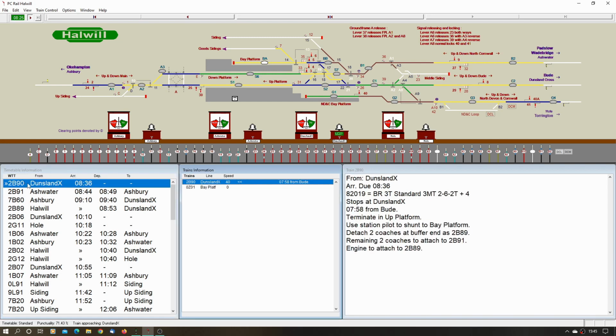Right, that's the class 2 being offered from Dunsland Cross, which you can accept. Yeah, I think this is where the notes disappear, actually, because 2B90 loses its note. So you might want to make a note of that.